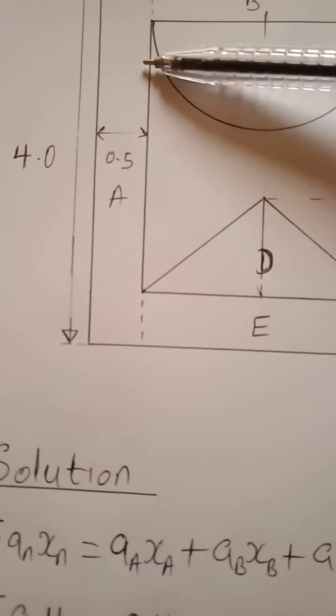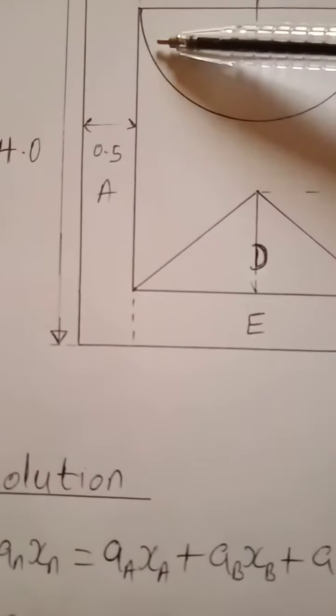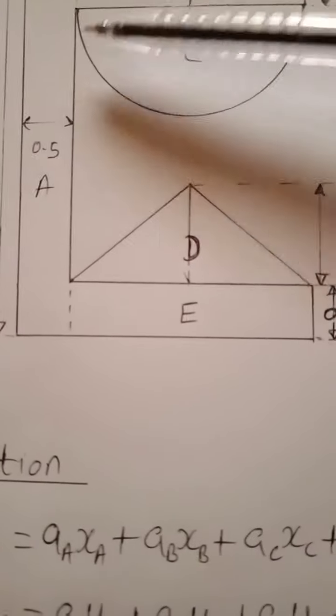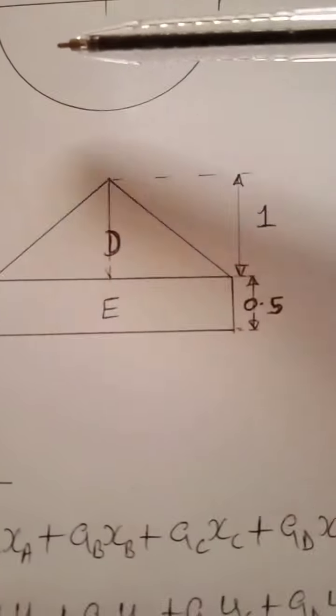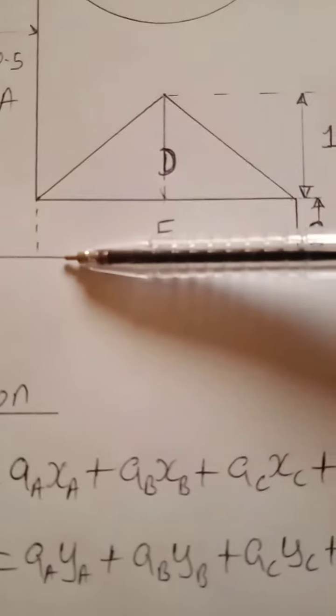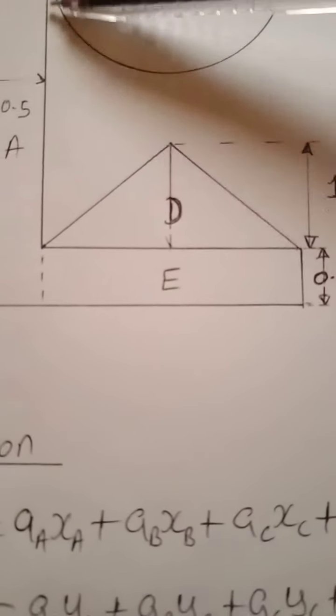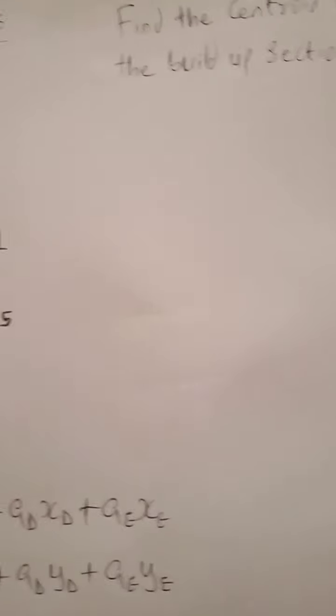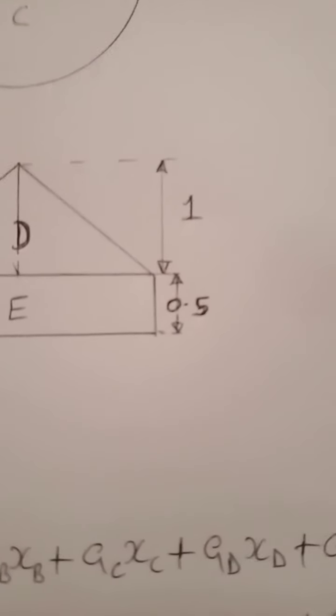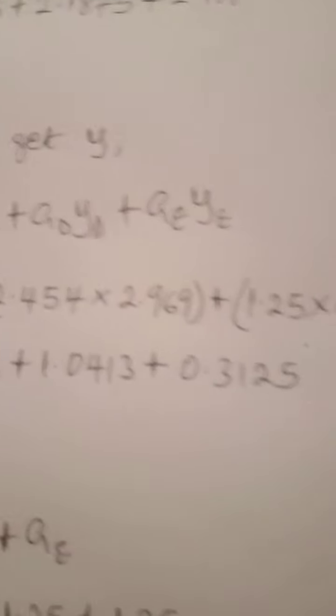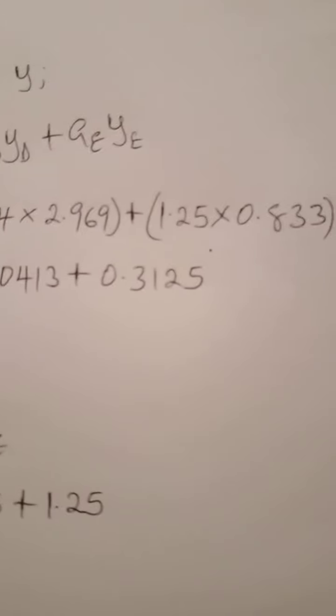From here downward is the distance we are using. The area is multiplied by the distance from here to here, which we obtain to be 2.969. You can see it here, 2.969.